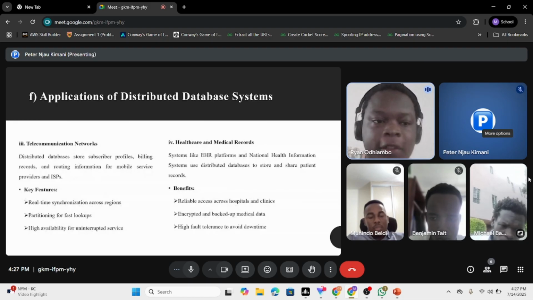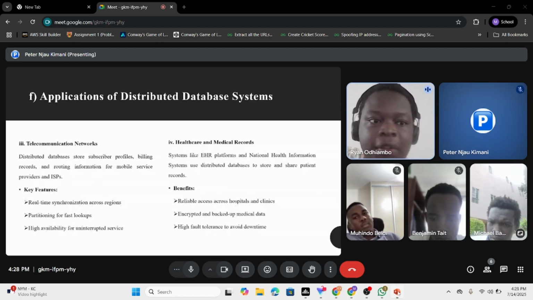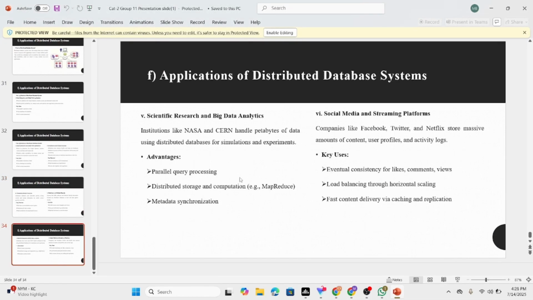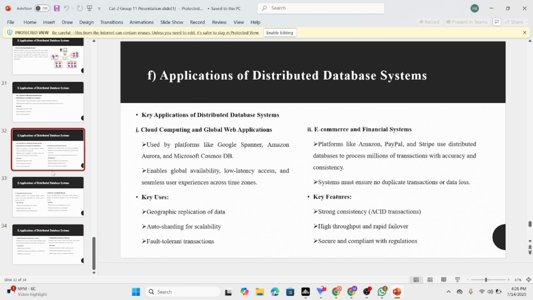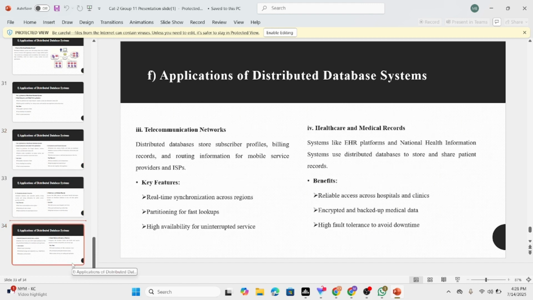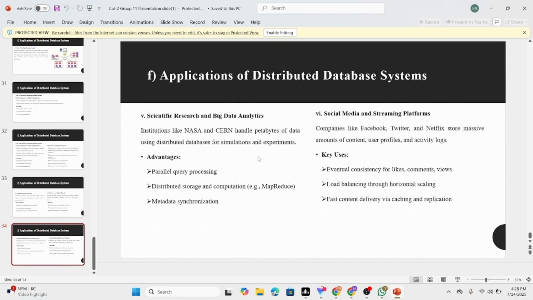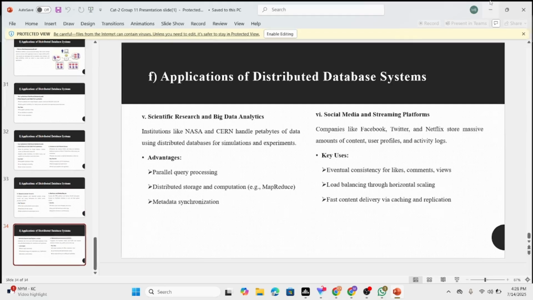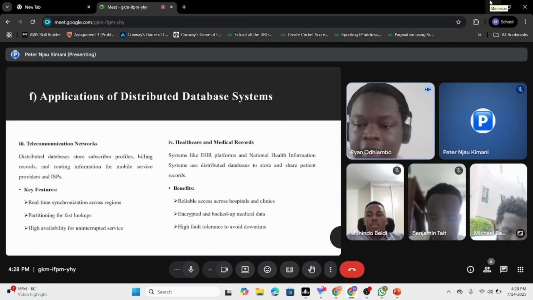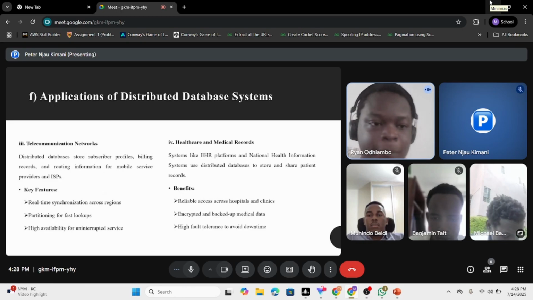The next area, we have telecommunication networks. Some examples: we have many mobile service providers, and internet routing and DNS databases. They use this.